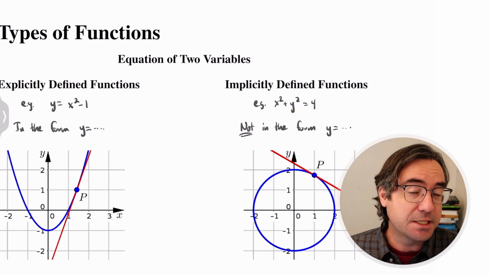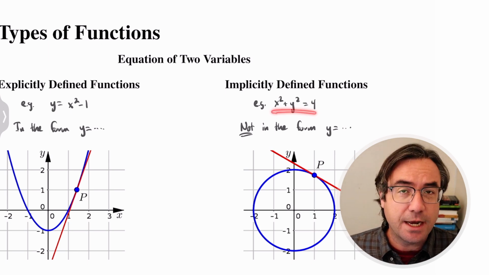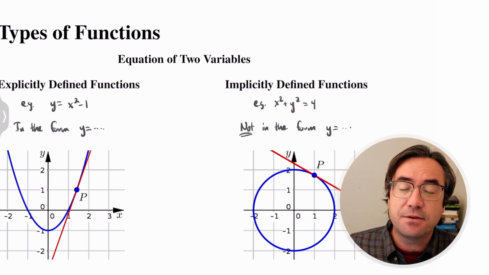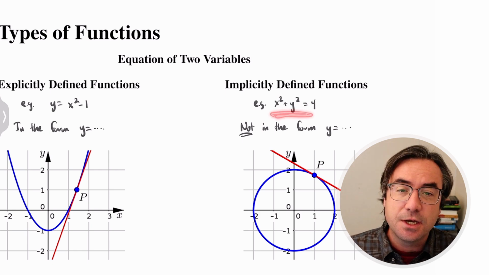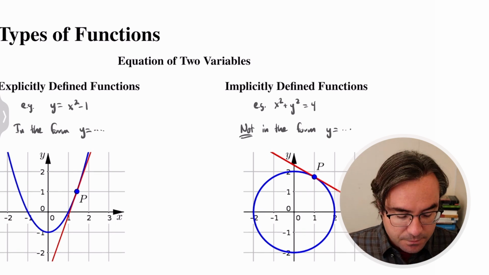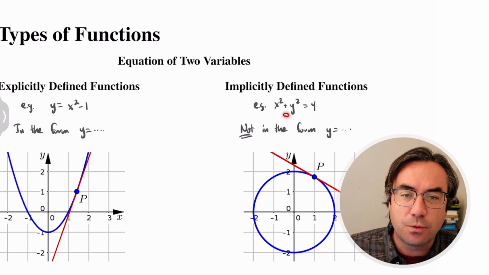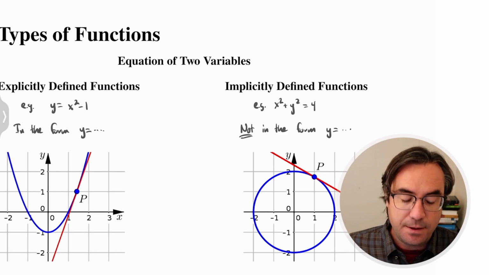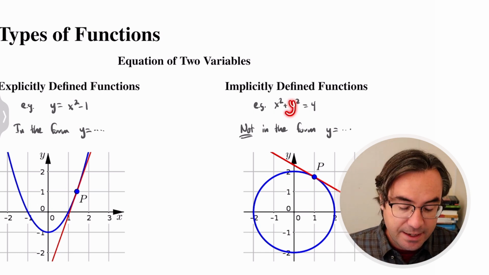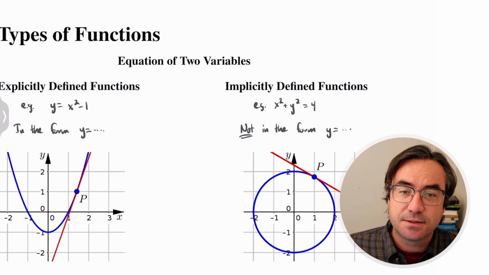Now, maybe it's possible that we could, and in this case we could actually solve this equation for y, but sometimes there are complicated equations where you can't solve for y. You're stuck with the equation. And in cases like this, it's still possible to consider y as a function of x.